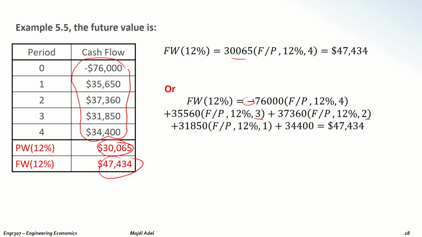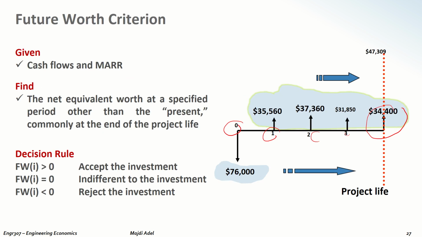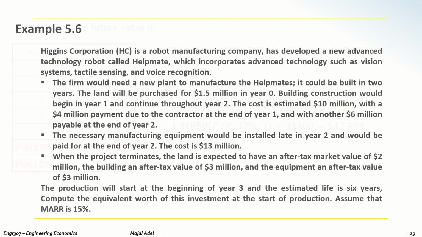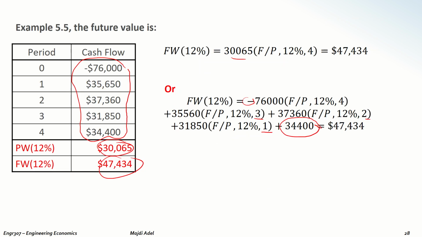And $31,850, calculate F given P 12% and 1 year. And the last transaction is the same, because it happens at n equal 4. There is no compounding for this transaction. I won't multiply by anything. So the answer is going to be $47,434.